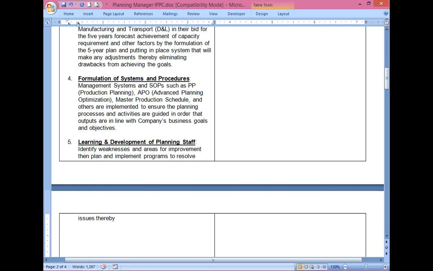Maintain the, I will use the two KPIs, effectiveness and efficiency, of the staff.